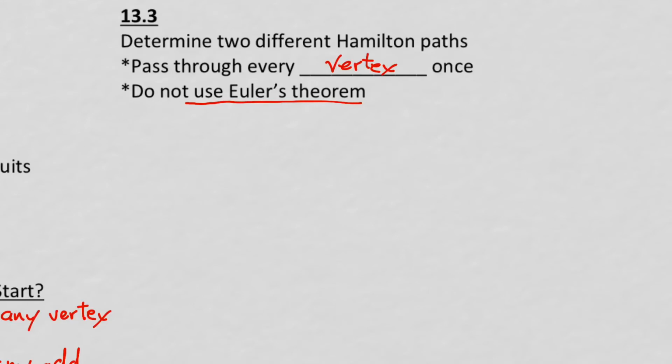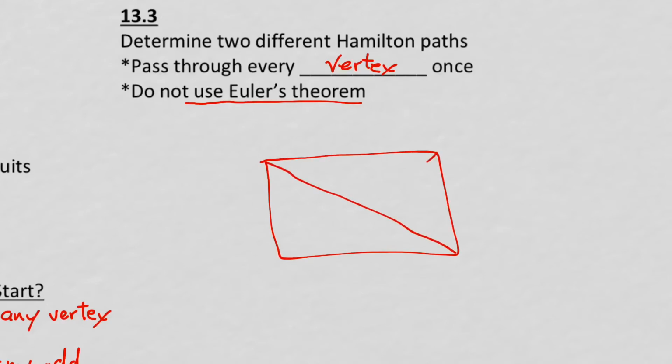Euler's theorem is very restrictive on if you can make a path or not. But with Hamilton, since you're concerned with vertices, then it really doesn't matter. You can make all kinds of different possibilities with Hamilton. Okay, just focusing on the vertices.